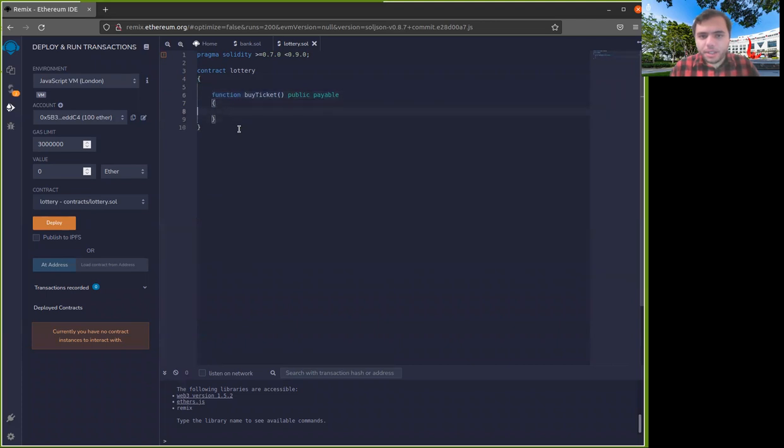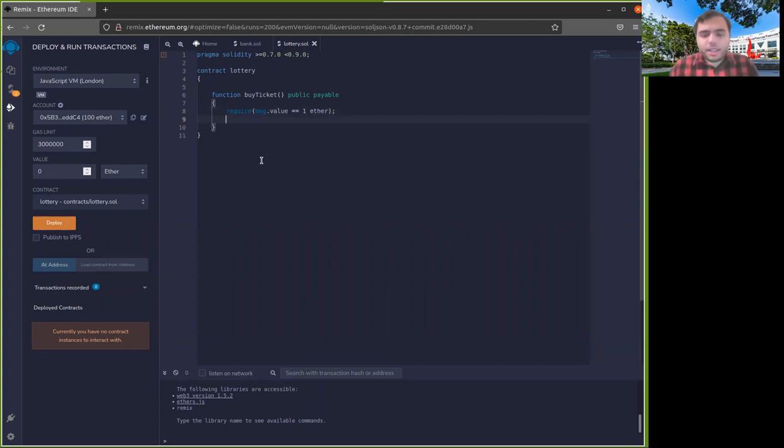Okay. And now what do I want to put in here? Well, of course, I have to first check that they're paying the right amount. So I would require that the amount that is paid when they buy this ticket is correct. So I would require that msg.value, which is the amount of money that was sent with this function call, is exactly 1 Ether.